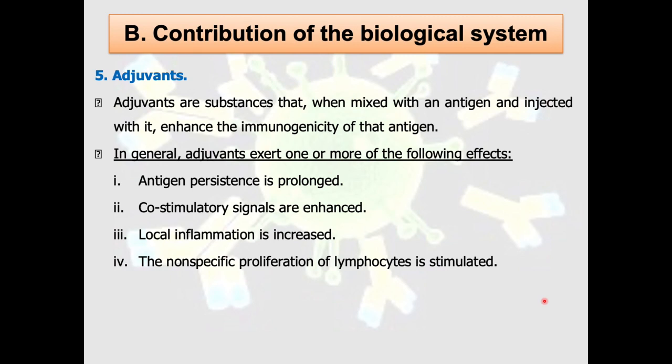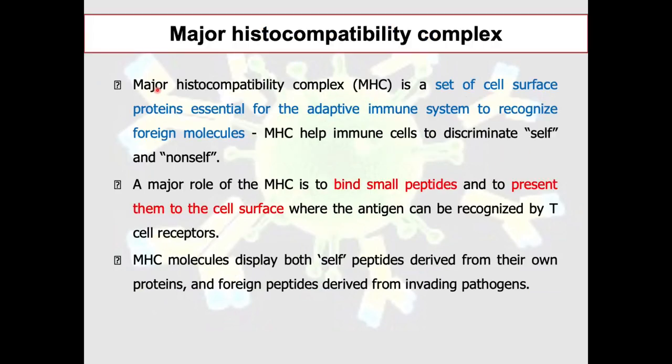It means that it will enhance the capability of the T cell to recognize the foreign substance. And local inflammation is increased, and the non-specific proliferation of lymphocytes is stimulated. So these are the effects of the adjuvants.